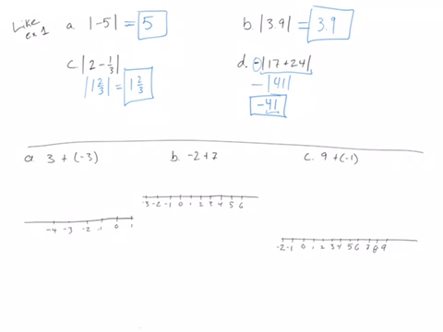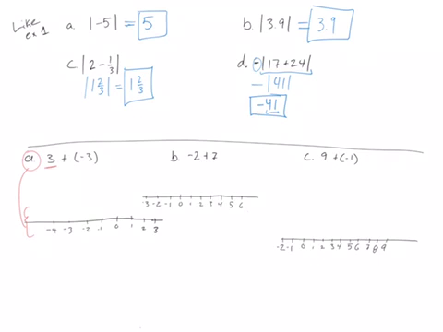Alright, the next one is adding signed integers. We can use a number line, and we'll study more about this in lesson 5. But let's just use a number line here to help us out. I'm going to use this one right down here.